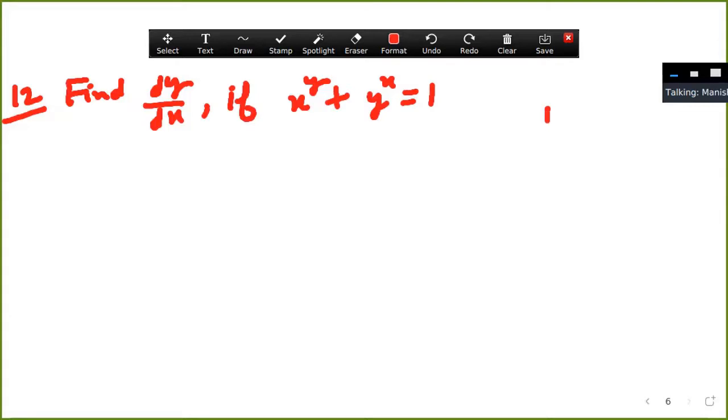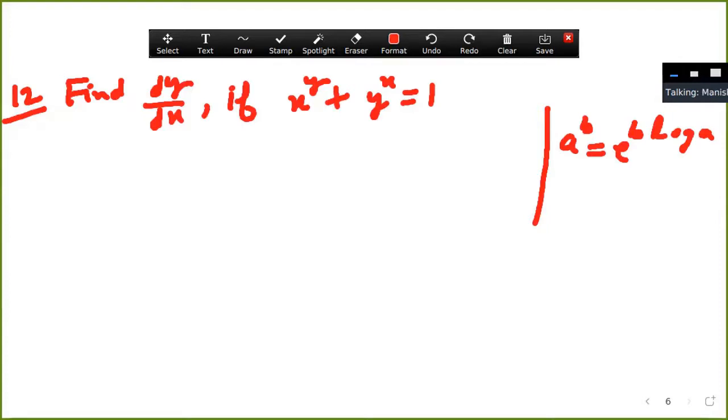You can do the question like this also. Suppose somewhere a to the power b is written. You can write it as e to the power b log a.